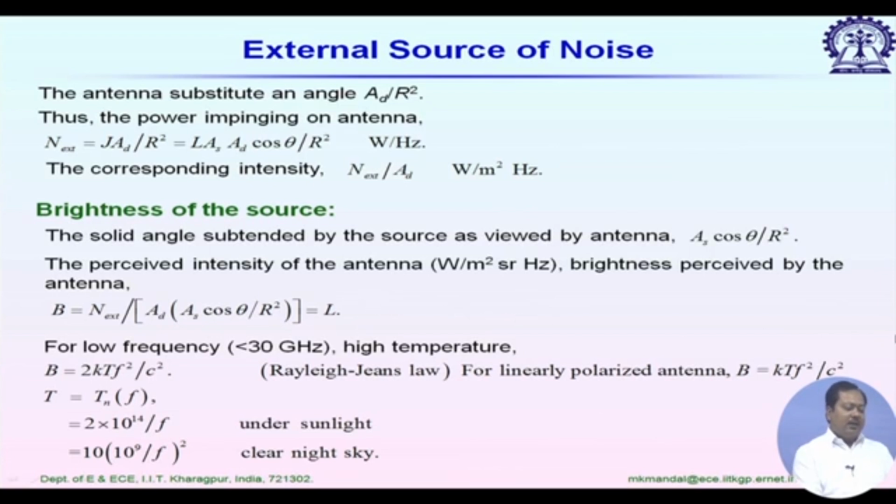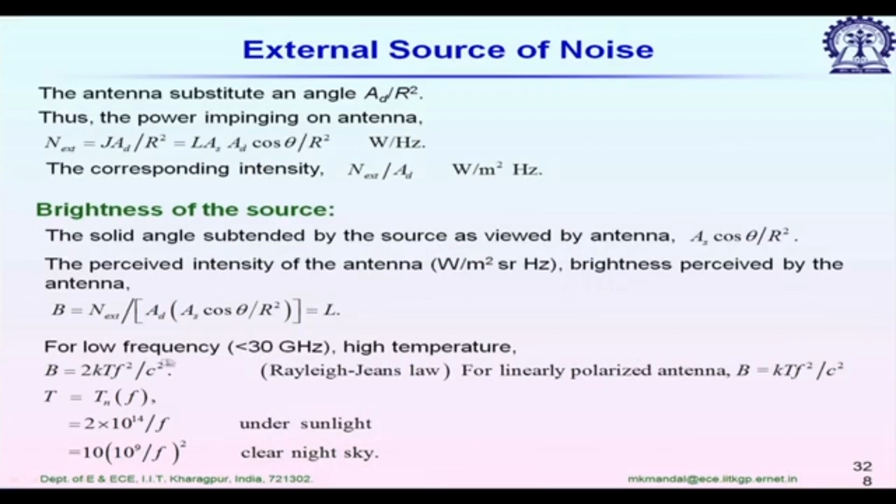So we see that whatever the angle, whatever AS or AD, the brightness perceived by the antenna simply becomes L. Now, brightness depends on the surface roughness of the earth, on the dielectric constituents of the earth, and obviously on frequency.